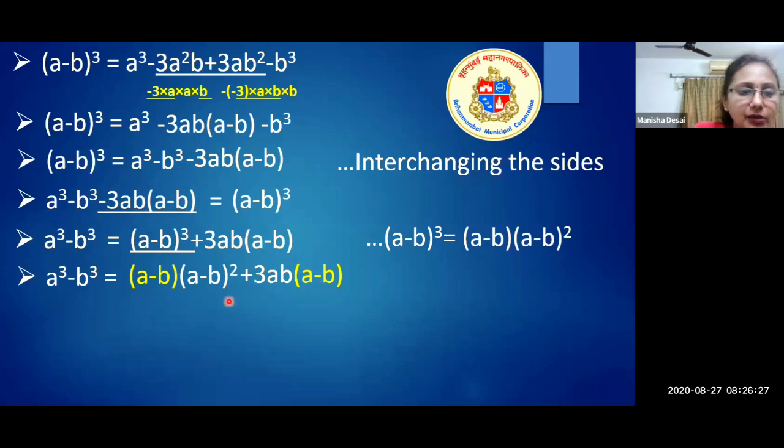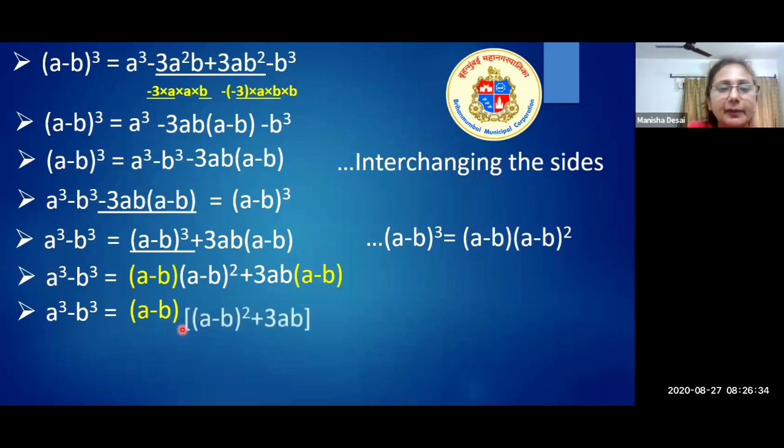So how are we going to write this? This can be written as a minus b, this is the common factor, so outside the bracket, and inside the bracket we are going to write the uncommon factors, that is a minus b the whole square plus 3ab. Now this identity also you have learned.